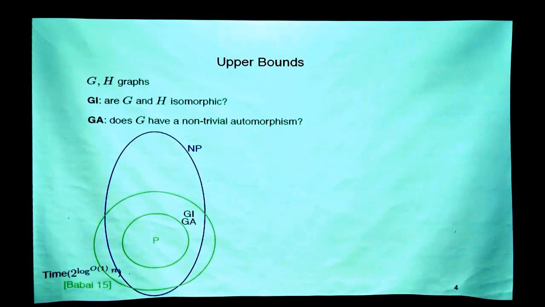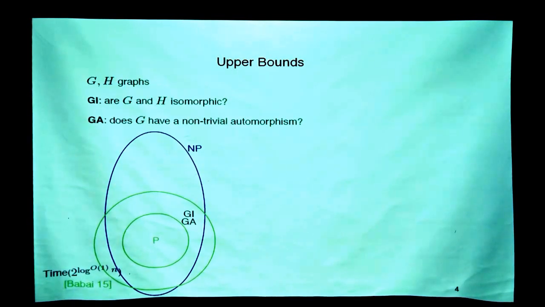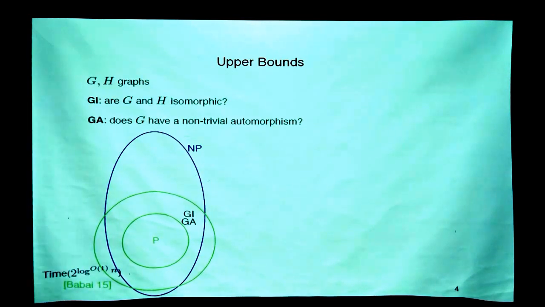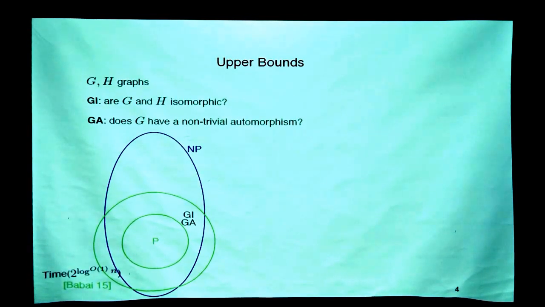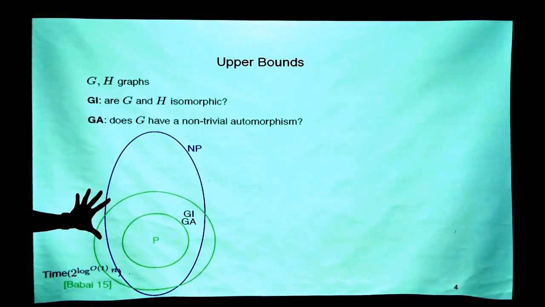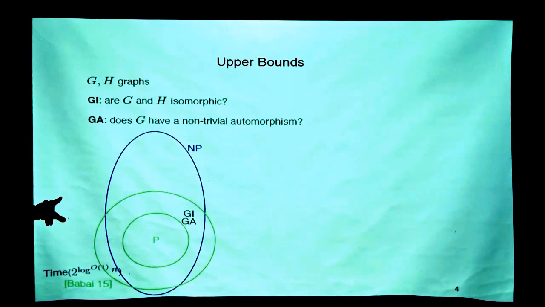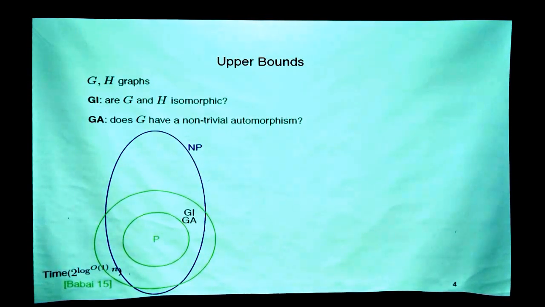This is a very interesting result, making heavy use of group theory. I will not be talking about the result, but you can consider this a complexity class and say, okay, we already know it's not in P, but it's in this class over P, which is also being improved.